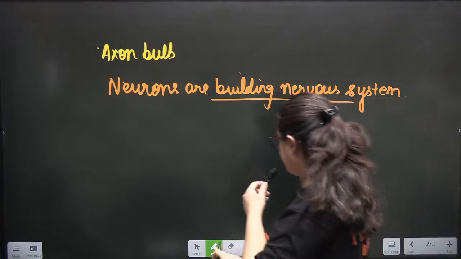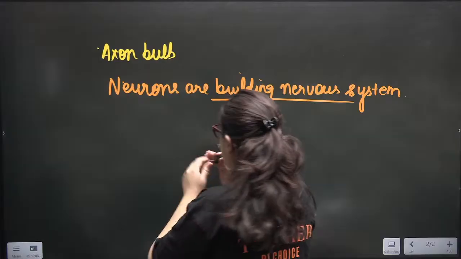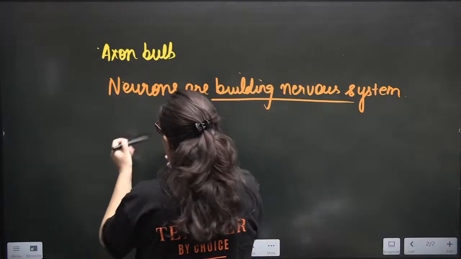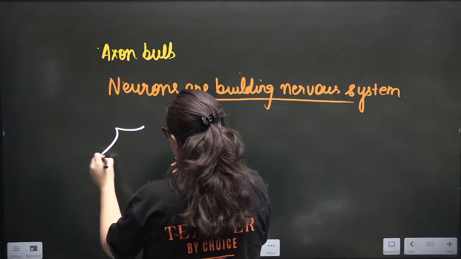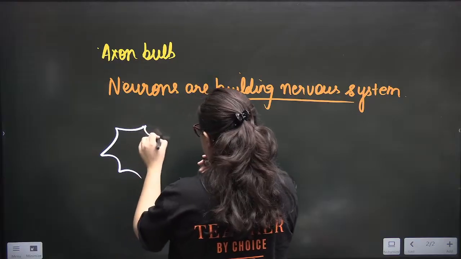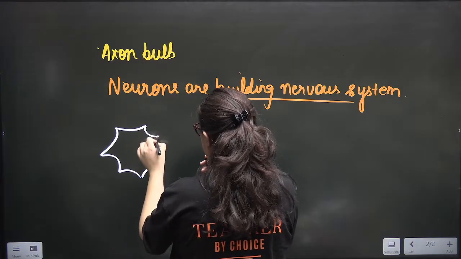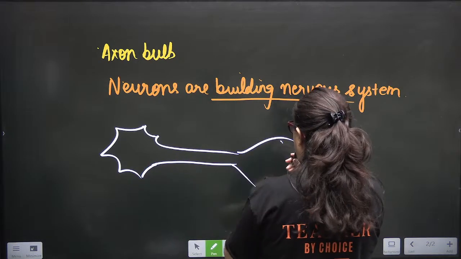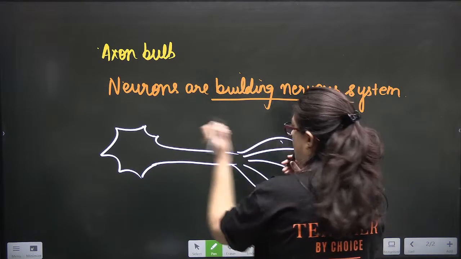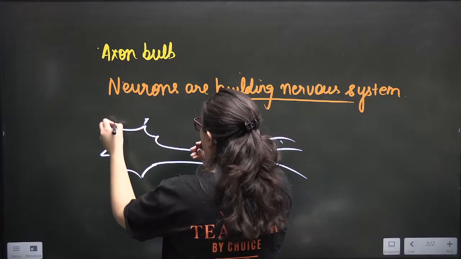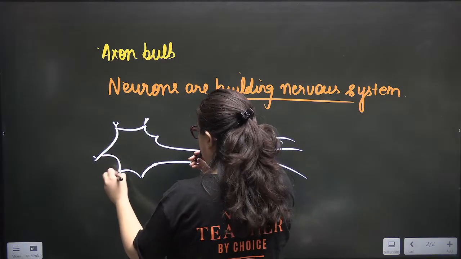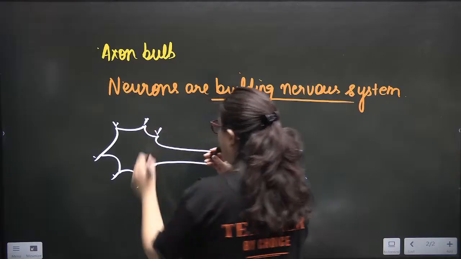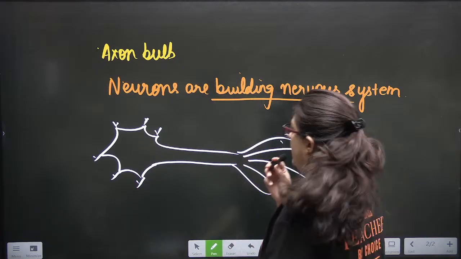Okay, this structure. These are small or many branched processes which are called dendrites.